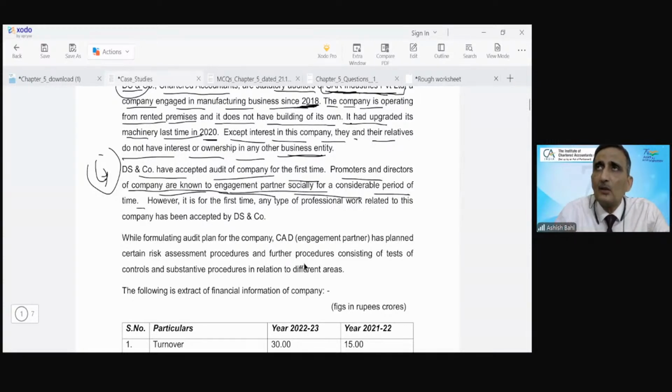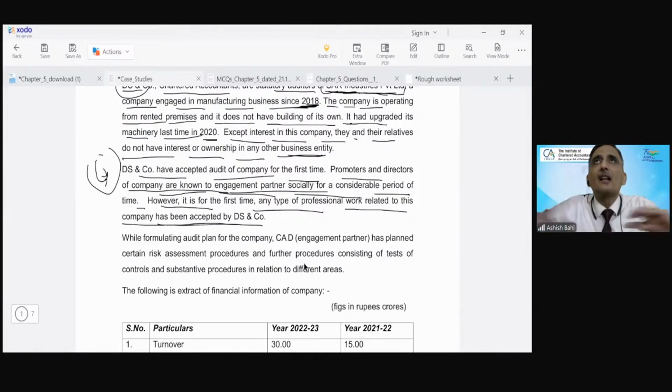They may be living in the same city, so one can know other persons in the society. However, it is for the first time that any type of professional work related to this company has been accepted by DS and company, for doing some audit work or this kind of professional work.